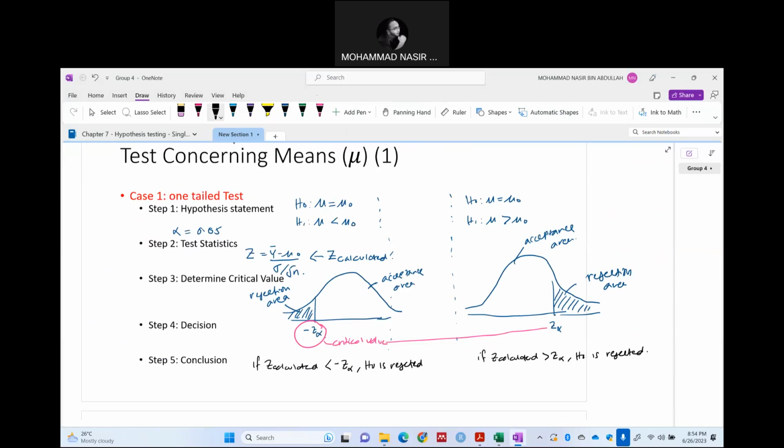And for the conclusion, we make the conclusion based on the accepted hypothesis.